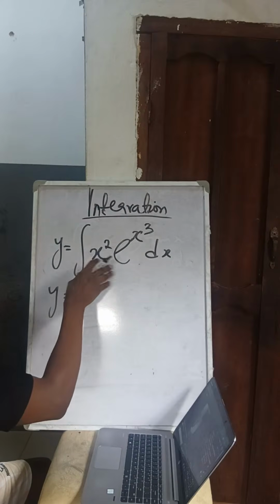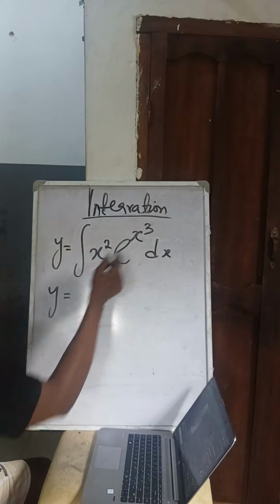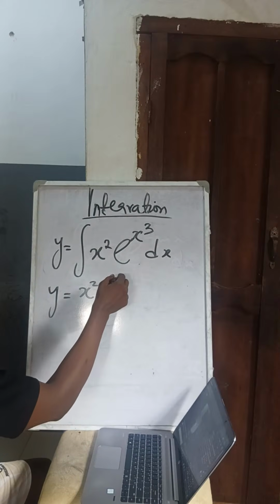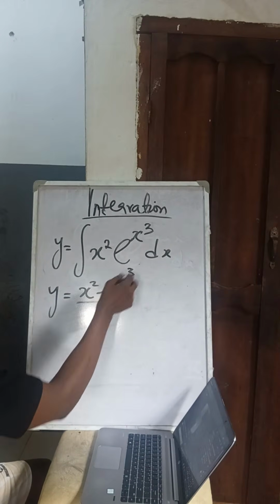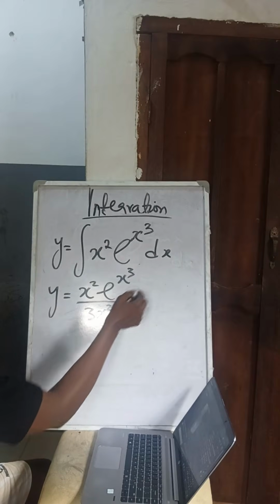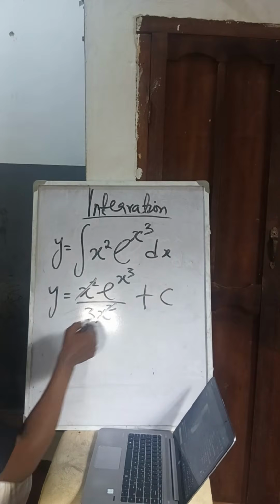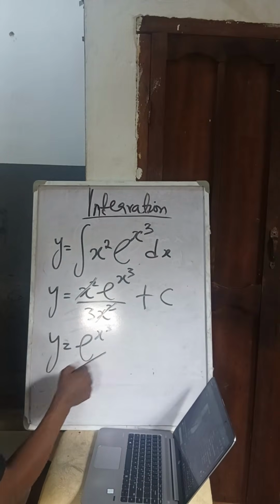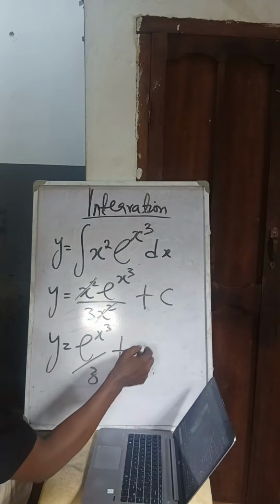All right, so what we do in this question, differentiate x cubed, we have, write this down. Differentiate x cubed, we have 3x squared plus c. Let's cancel out this. y is equal to ax cubed over 3 plus c.